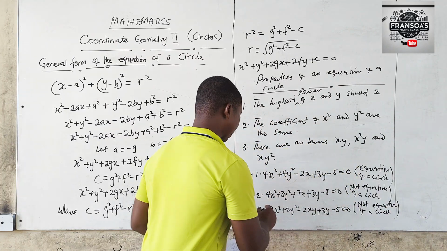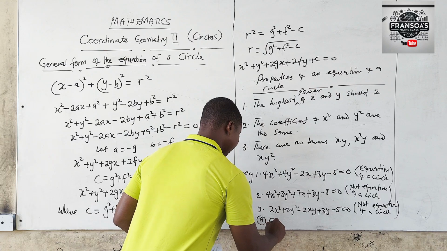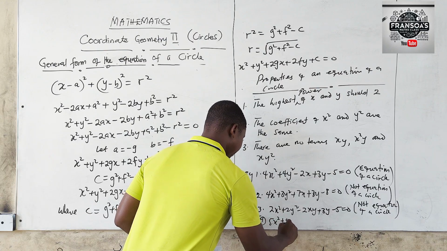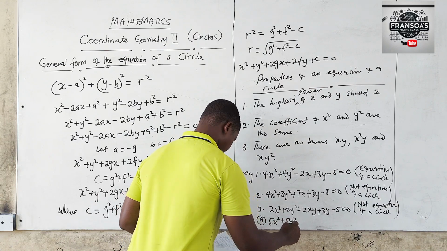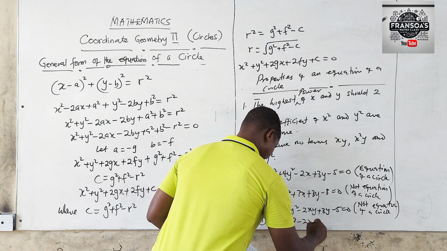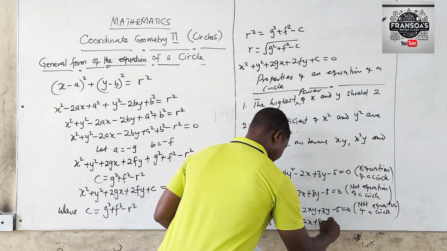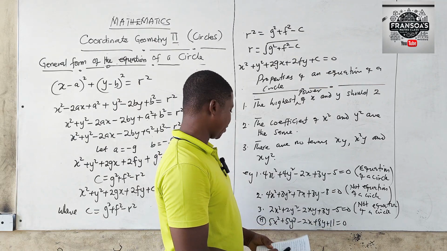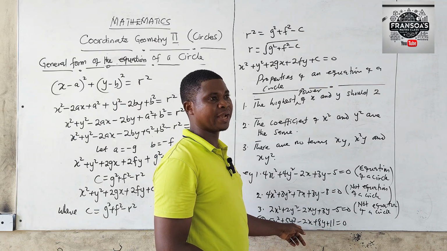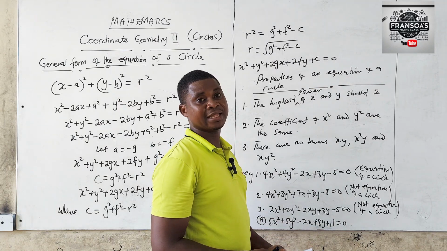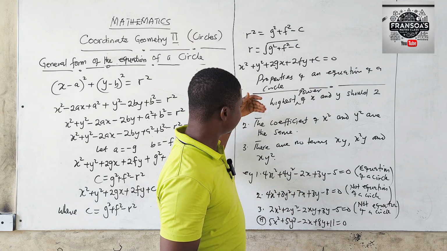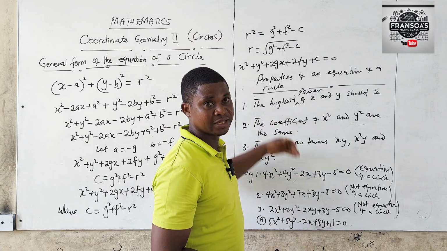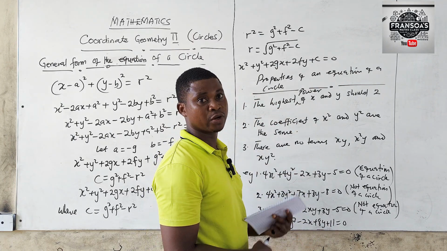Then let's look at the last one. We have 5x squared plus 5y cubed minus 2x plus 8y plus 11 equal to 0. This one too, you realize that you have x squared, and the highest power of y is cubed. Since that defies the first property, it doesn't make it an equation of a circle.